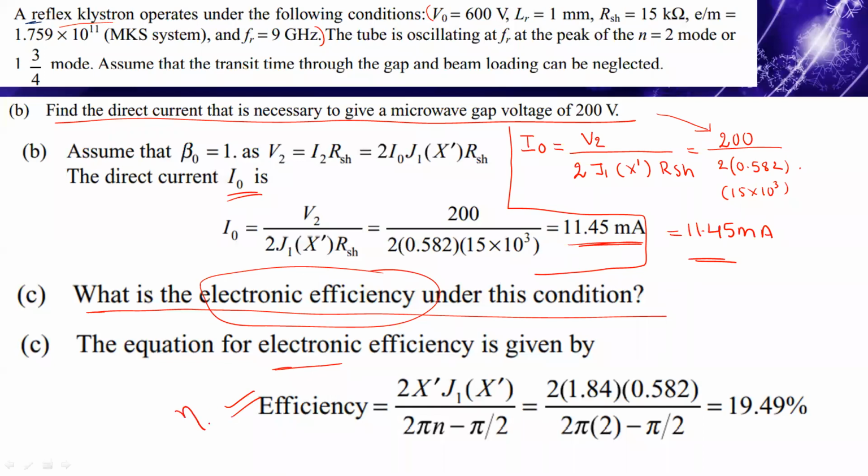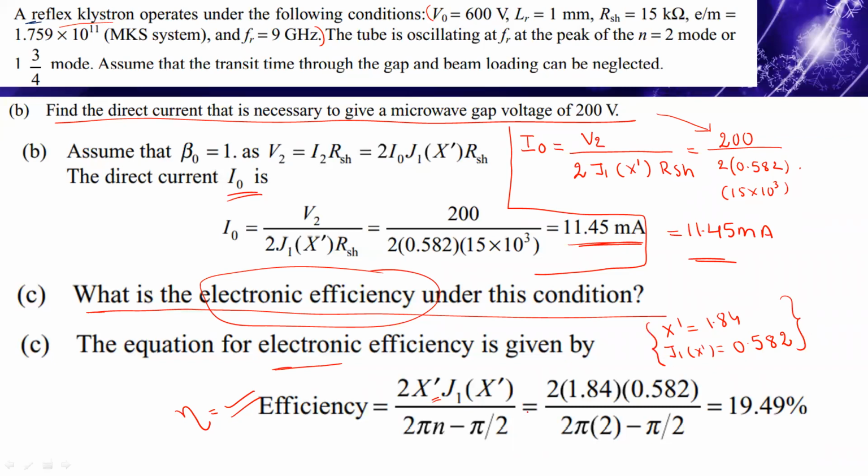This is the efficiency equation. So 2x dash J1 of x dash, x is the bunching parameter. So x is the bunching parameter 1.84. So the Bessel function for this one is 0.582.